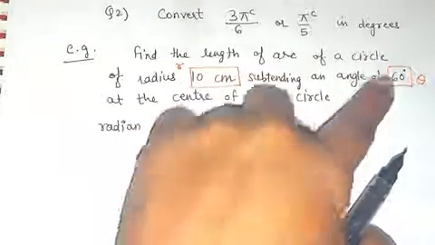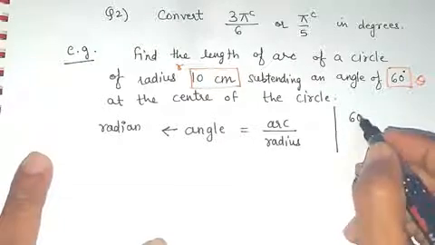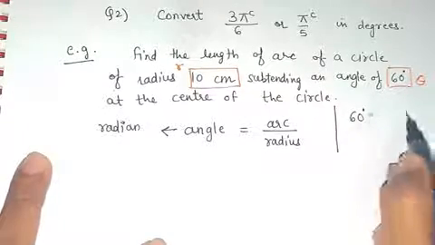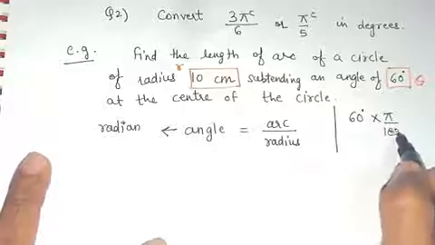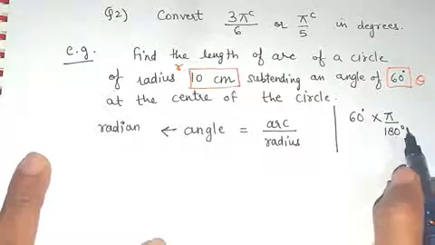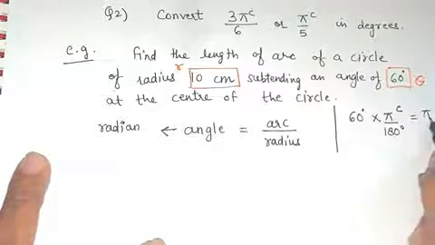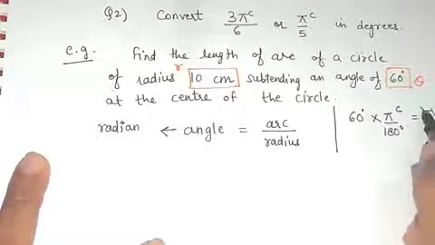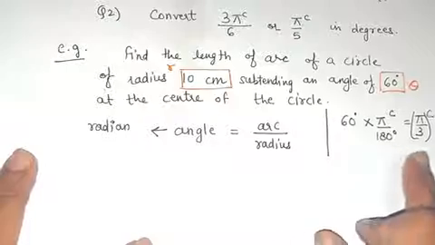So let's convert the 60 degree angle in radian. For degree to radian conversion, we multiply by pi by 180 degree. Degree will cancel, and this answer will be pi by 3 radian, as 60 will cancel by 180.